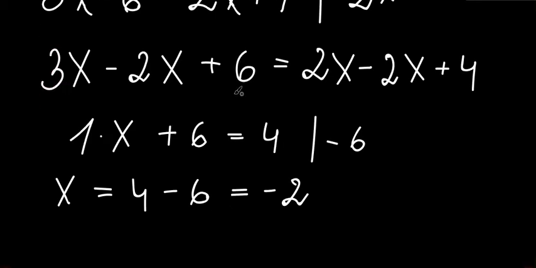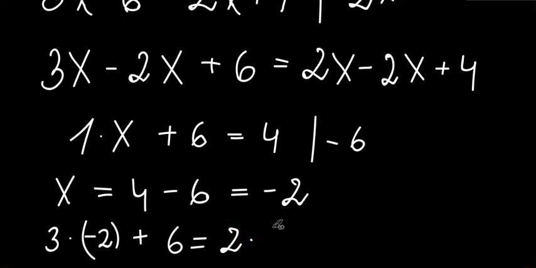So 3 times minus 2 plus 6 is equal to 2 times minus 2 plus 4.